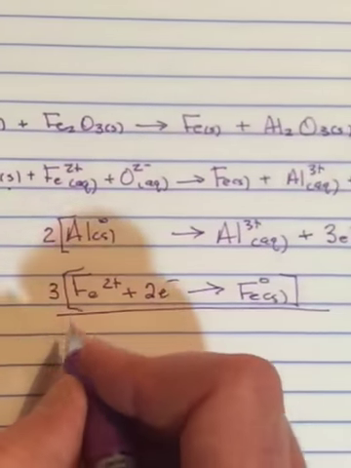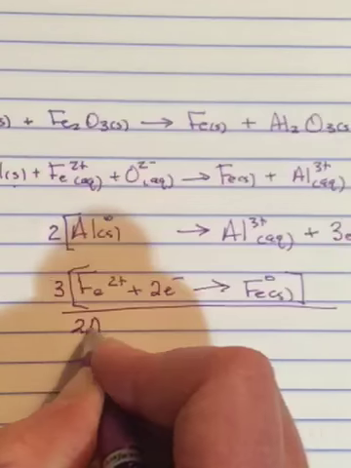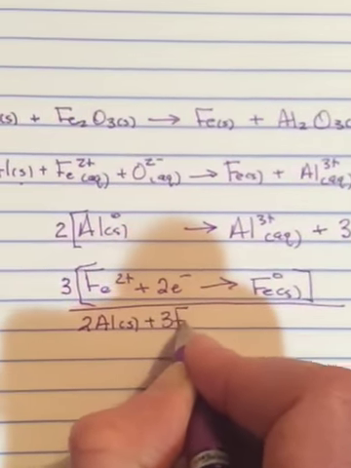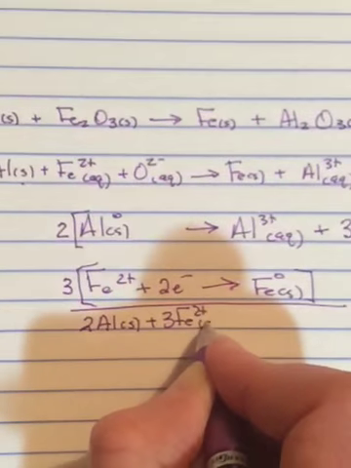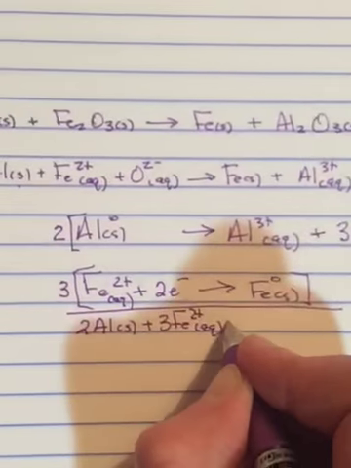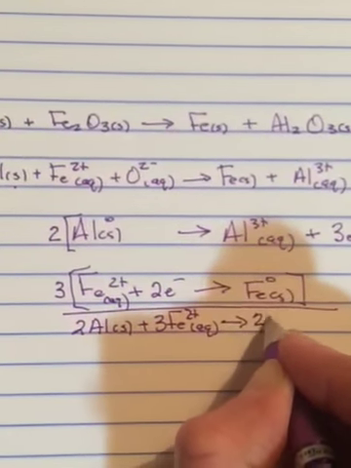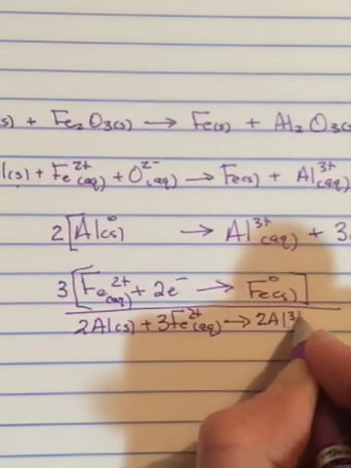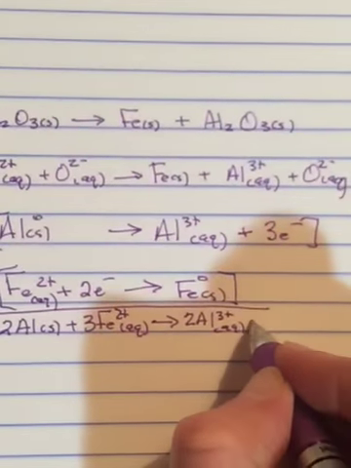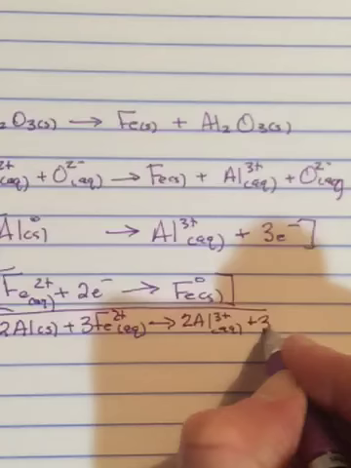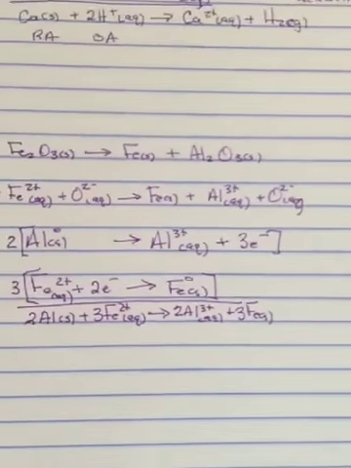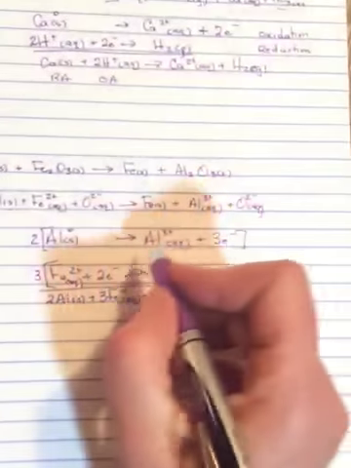So I will have 2Al solid plus 3 Fe2 positive aqueous, sorry, lost my aqueous there, going to 2Al3 positive aqueous plus 3 Fe solid. Now all we have left is oxidizing and reducing.